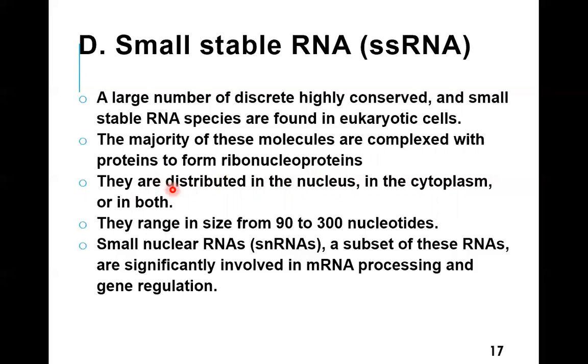They are distributed in the nucleus, in the cytoplasm, or in both: in the nucleus for the synthesis of mRNA, and in the cytoplasm for the synthesis of ribosome. Their size ranges from 90 to 300 nucleotides.